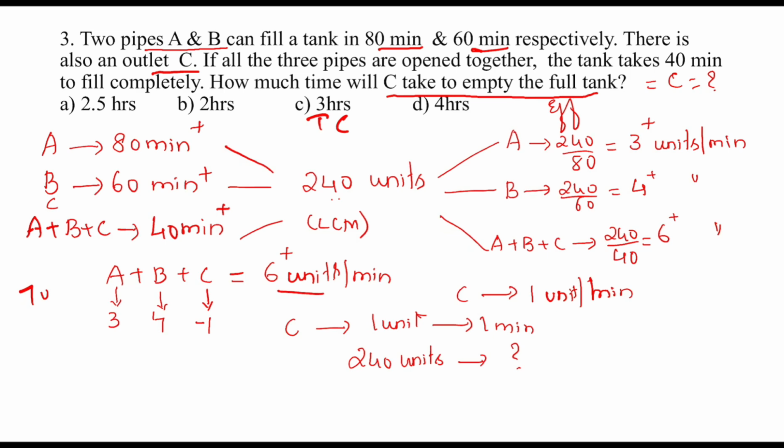It is 240 into 1, that is 240 minutes. But the options are in hours, so we have to convert this into hours. Dividing 240 minutes by 60, it is 4 hours. So C will take 4 hours to empty the full tank. Option D is the answer.